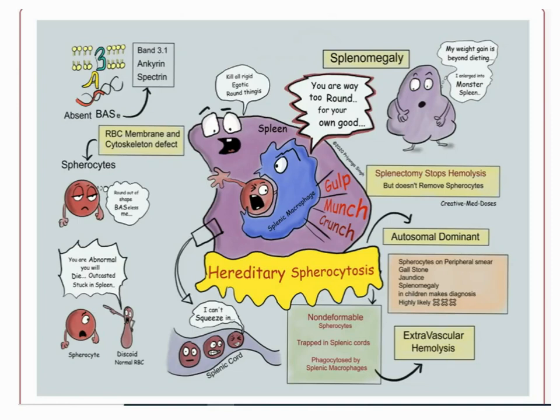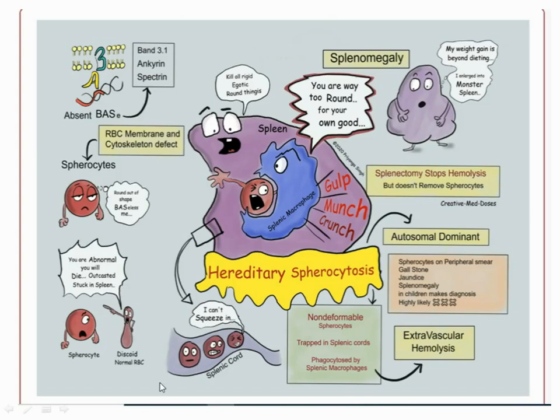Again, hereditary spherocytosis is an autosomal dominant disease. The problem is in the cell wall of the RBCs, with absent band 3, ankyrin and spectrin, leading to formation of spherocytes. The normal RBC is discoid, not spherocyte.